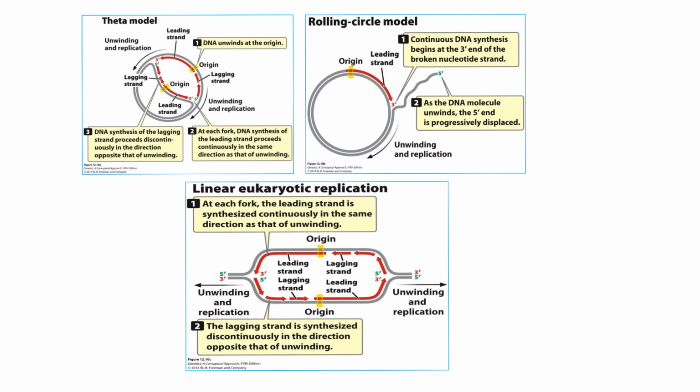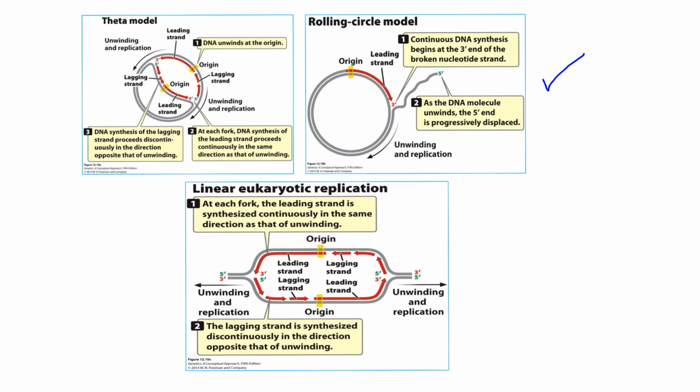What is striking immediately is that rolling circle is unidirectional and it creates a break in one DNA strand. It's unique to this mode of replication. So since rolling circle replication is unidirectional, it only creates leading strands, so it only undergoes continuous DNA synthesis.